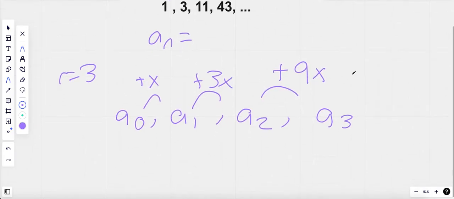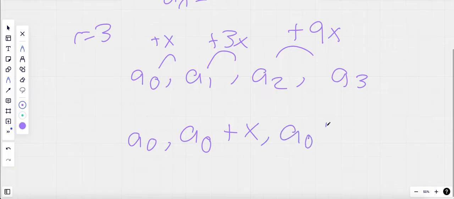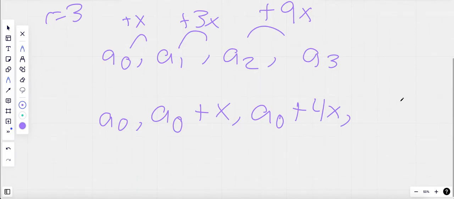And now from here, I want to write all of these terms in terms of the first term. So it will look like a0 plus x, a0 plus 4x, and a0 plus 13x.